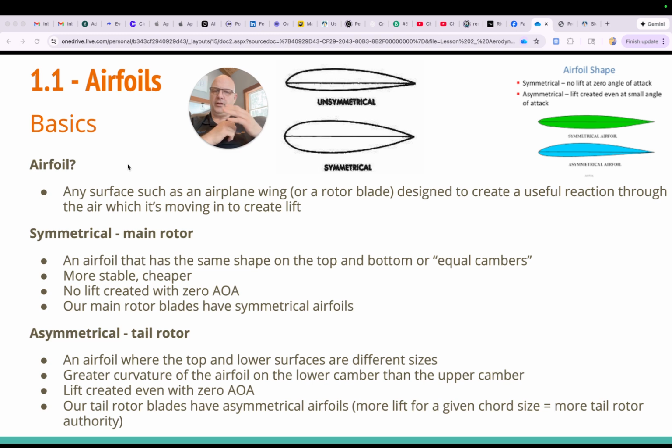Now, you can't really look at the blade close up, obviously for obvious reasons, but you can listen to it, you can hear the difference. That helps you understand it better and be able to tell a story around that when somebody is asking you about the airfoil and symmetrical and asymmetrical tail rotor and main rotor system.